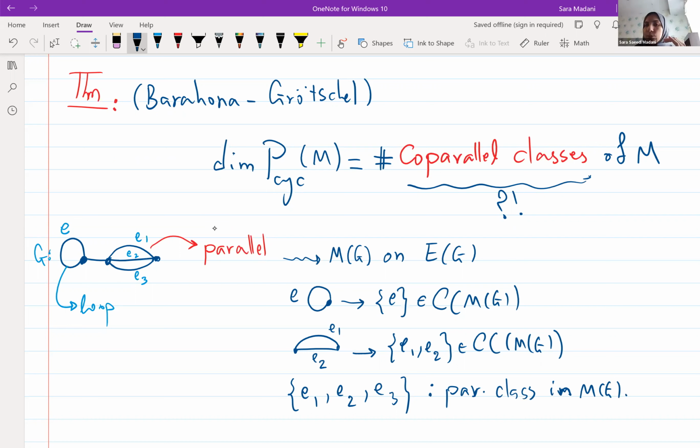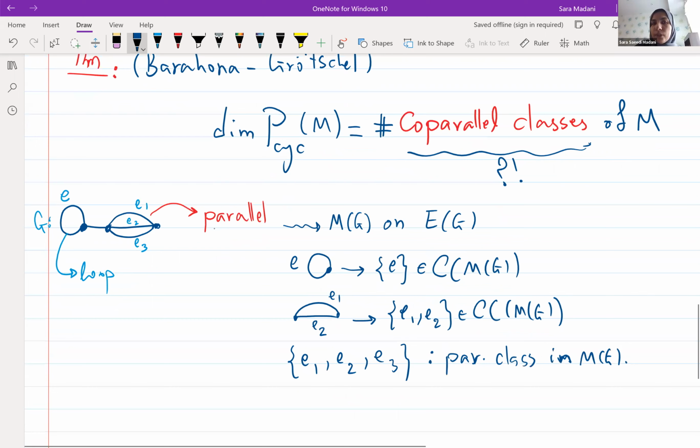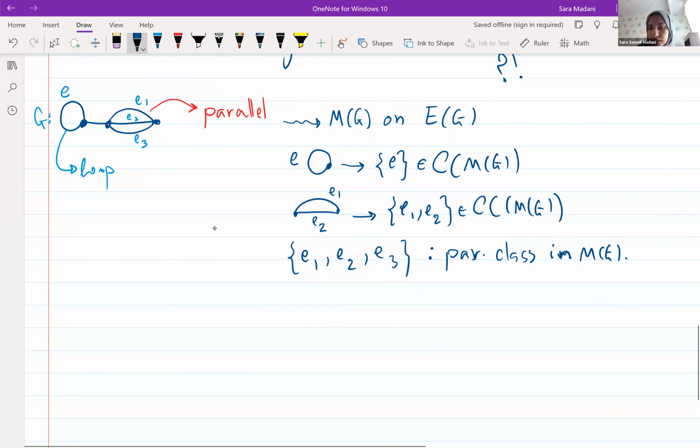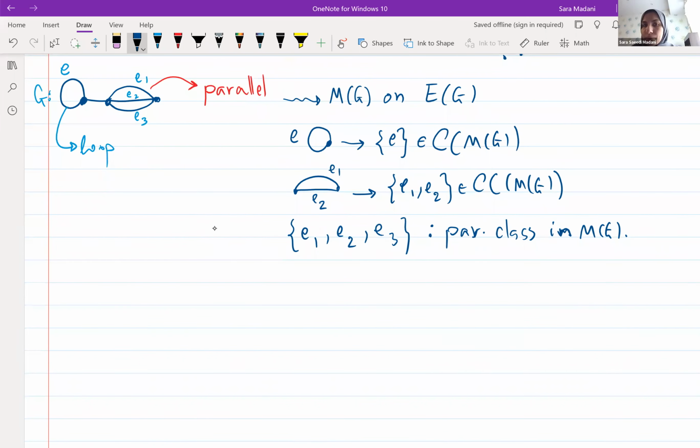And then I give you the formal definition, and then we can compare with what I said here in this example. But for the moment, believe me that it is called the parallel class. And now I give you the list of definitions in general, not only in graphic matroids.